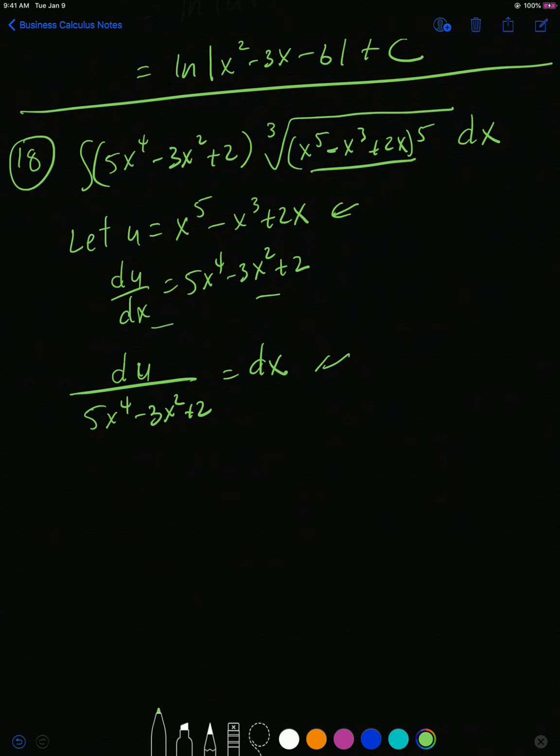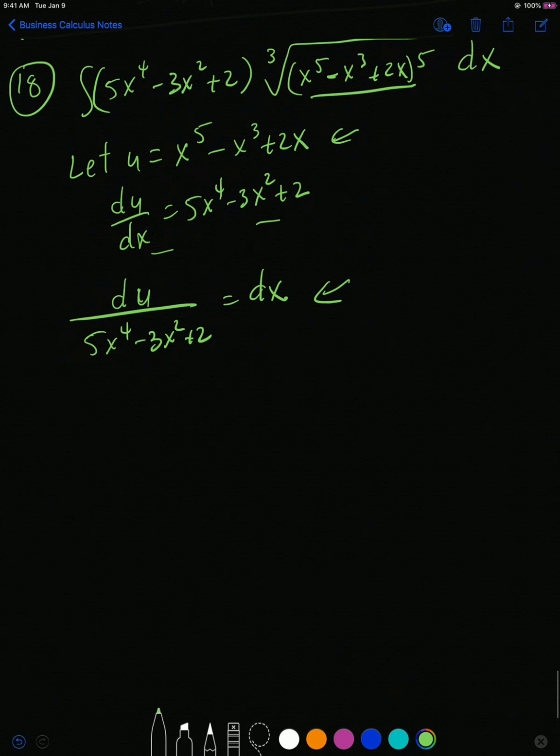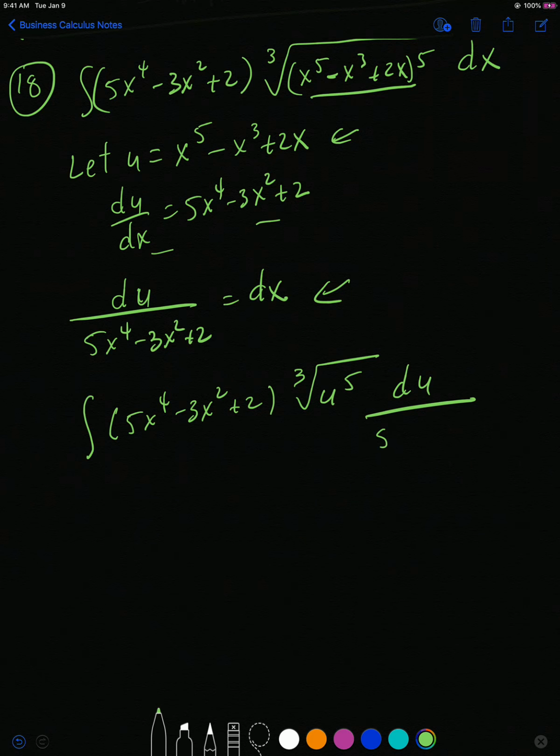First line and last line get switched out, and so that's the antiderivative of 5x to the 4 minus 3x squared plus 2, the cube root of u to the 5, du divided by the 5x to the 4 minus 3x squared plus 2. These cancel.